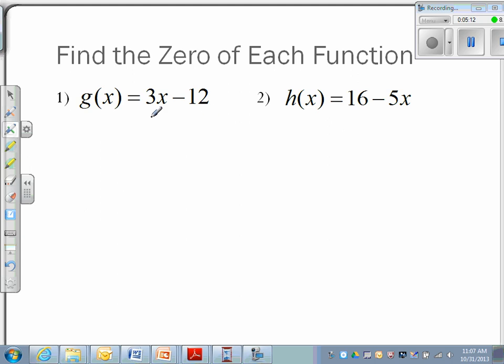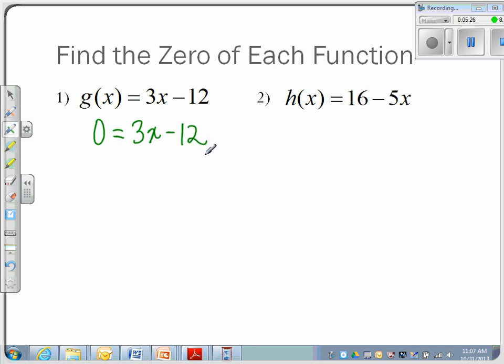And in this function, x is the independent variable or the input, and g of x is the output or the dependent variable. So I would say here, let's see what happens if I make the output 0. So if I make the output value 0, I can solve now for the input value. Add 12 to both sides.